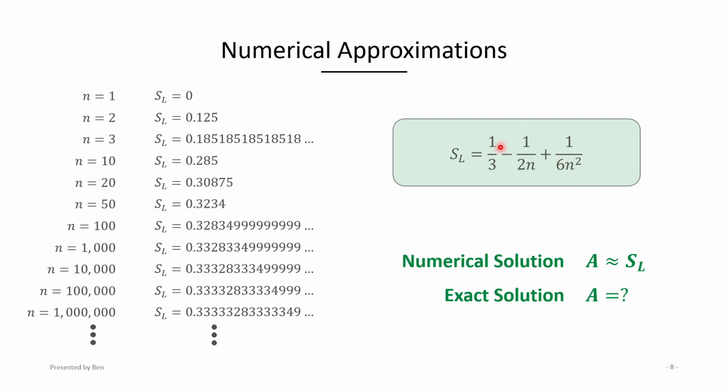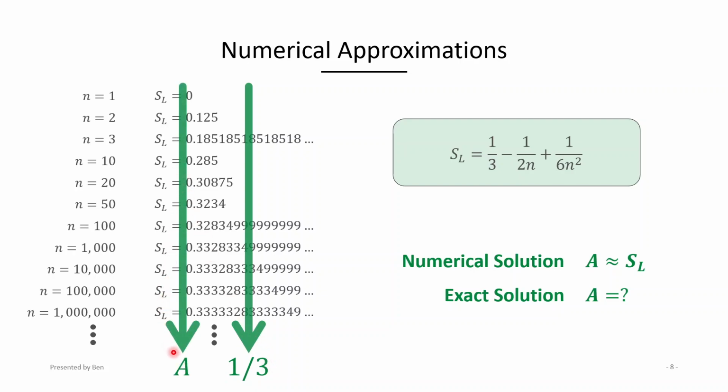From this formula and from this sequence of values, we can see that the total area is getting closer and closer to a fraction. And we also know that the total area is getting closer and closer to a number A. A is also a number. So what's the relationship between these two numbers? Are they equal? If you believe A equals 1/3, you have to provide a mathematical proof, right?